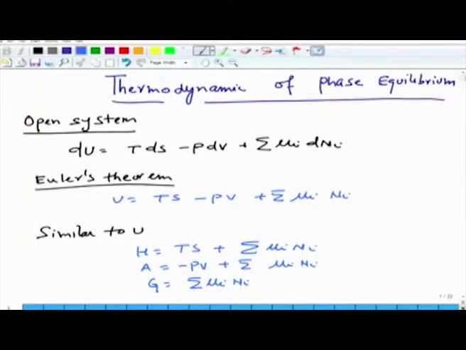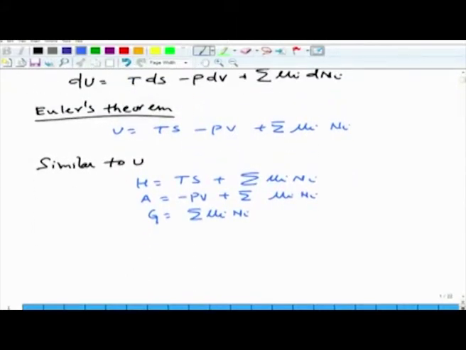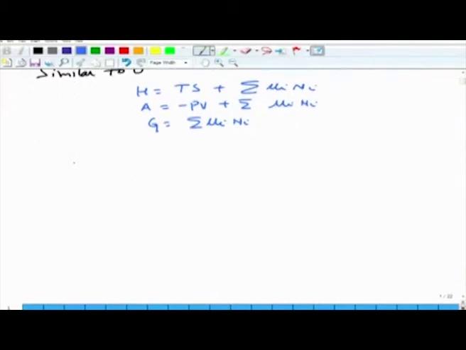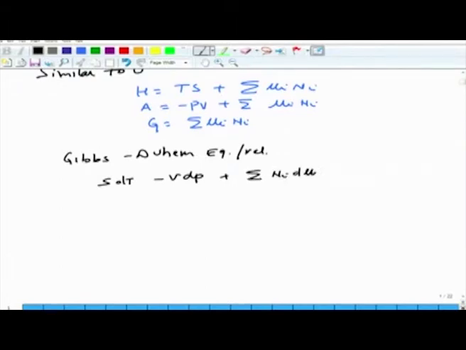Now, making use of this, as well as the differential expression of the potentials, we can come up with an expression called the Gibbs-Duhem equation or relation. It gives you a constraint between intensive variables.